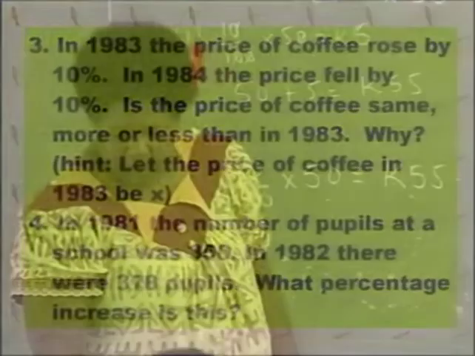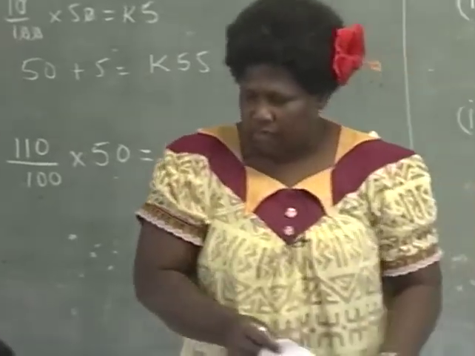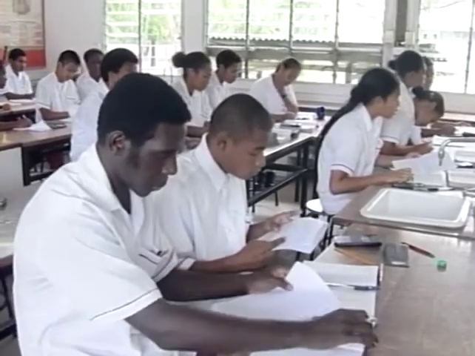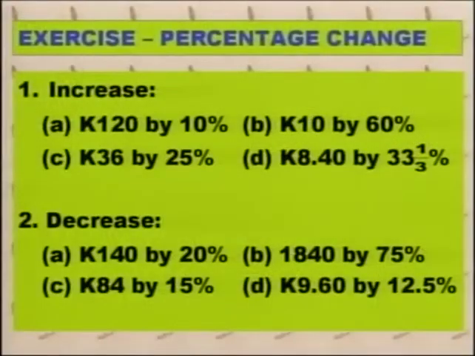So 1, 2, 3, 4, and 5, please. You have 20 minutes to do that. Or maybe 15. 15 minutes for questions 1, 2, 3, 4, and 5. 3 minutes for 1.